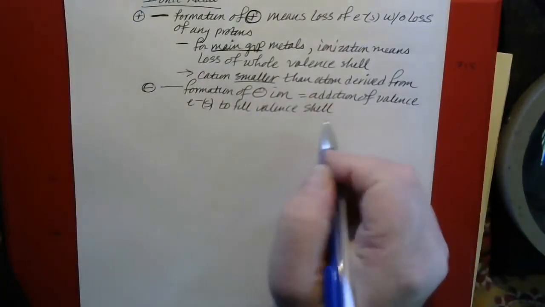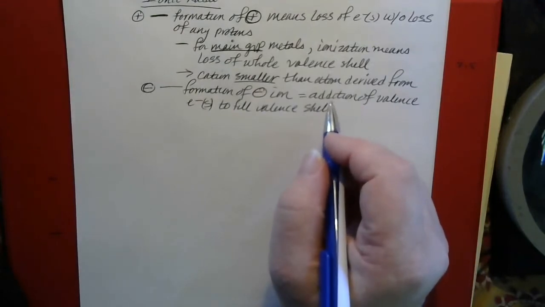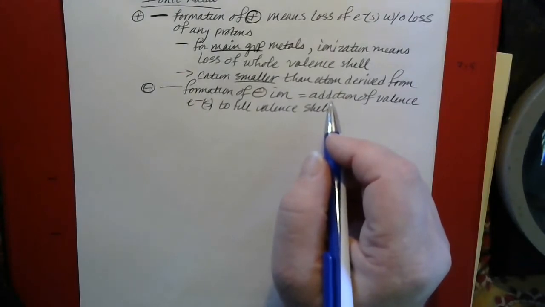And of course, as we've seen, you normally end up with the same electron configuration as the next noble gas in terms of atomic number.